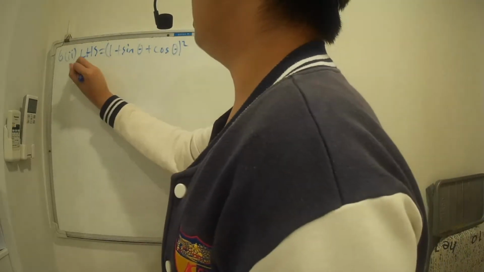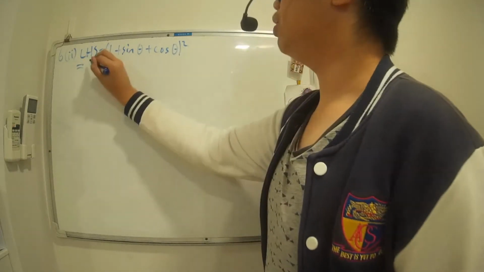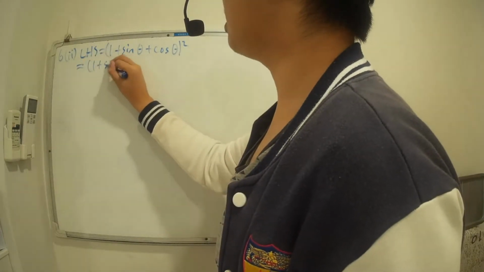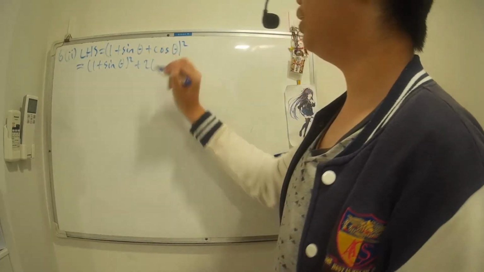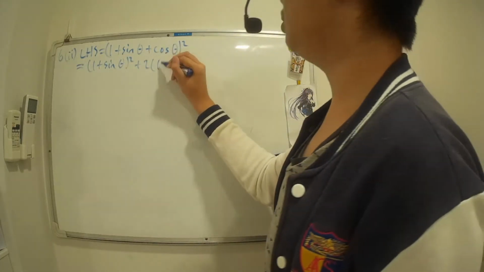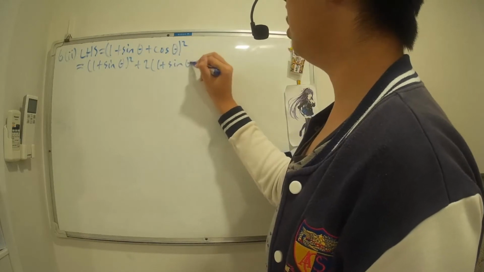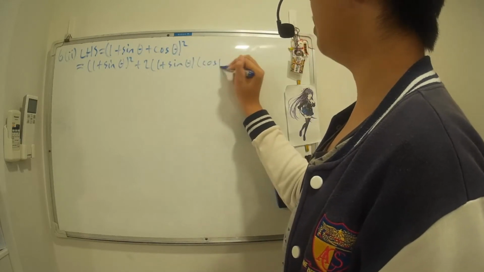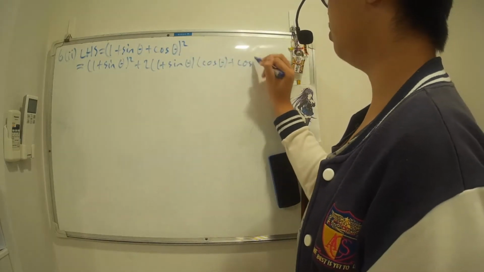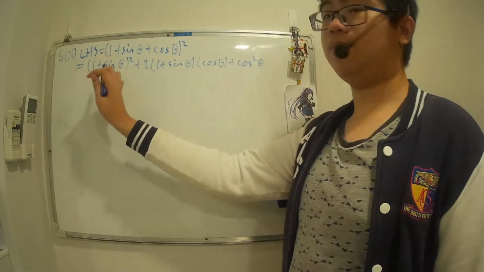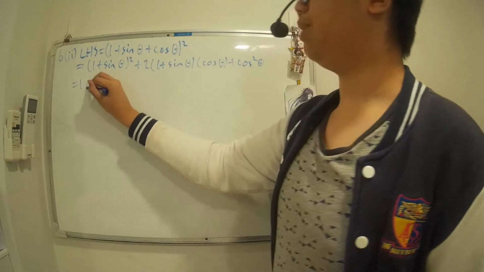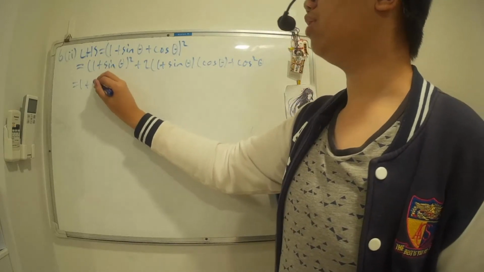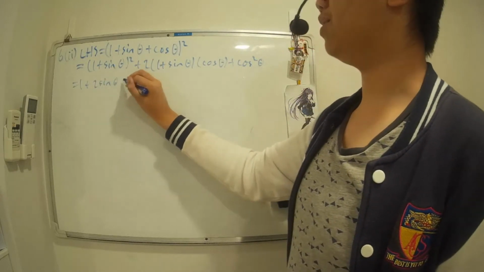So this is (1 plus sine theta) squared plus 2 times (1 plus sine theta) cosine theta, then plus cosine squared theta, and then I can proceed to expand this part. So this is 1 plus 2 sine theta plus sine squared theta.